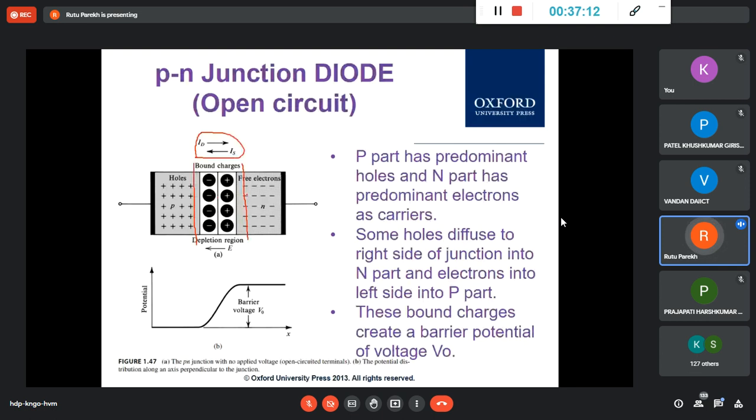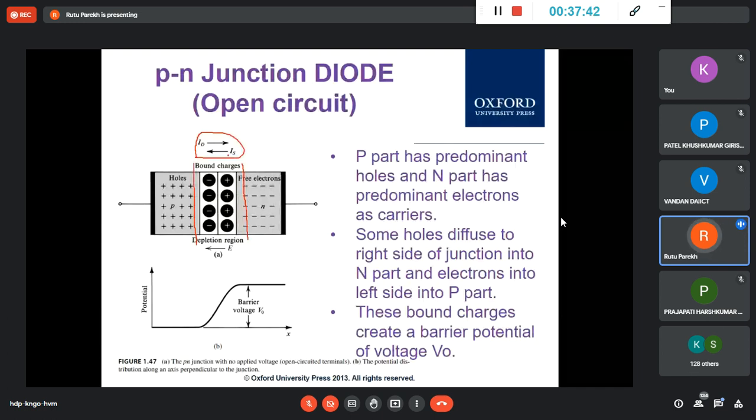Now this is widening, so more negative charge here, more positive here, and V0 will increase. Then this V0 increase will cause ID to decrease until equilibrium is reached. Because of the diffusion, this current will decrease automatically. It is the material property. So again, that equilibrium will be reached.